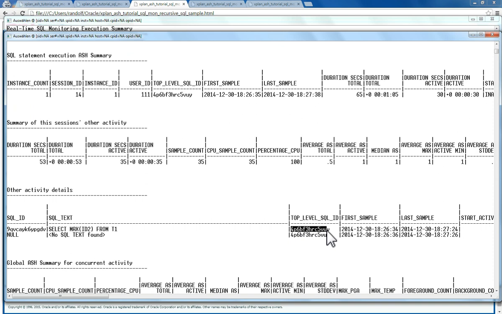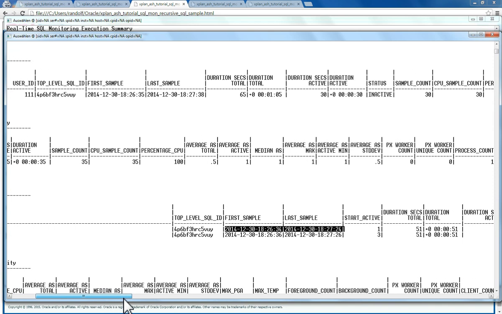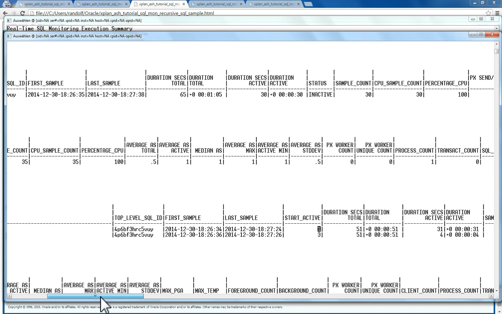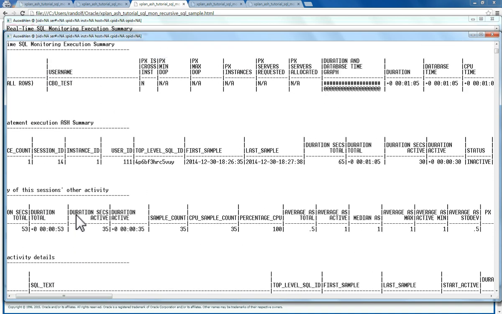So in this case, we can tell from the top level SQL ID that it is recursive activity. But as I already said, if you have multiple levels of recursion, then this is no longer possible using the top level SQL ID. Then we get an idea about when this SQL ID first showed up and when was the last time in the samples that the SQL ID showed up. In relation to the main SQL execution, this means in this case that right from the first sample, this different SQL ID was found, so we can verify this.